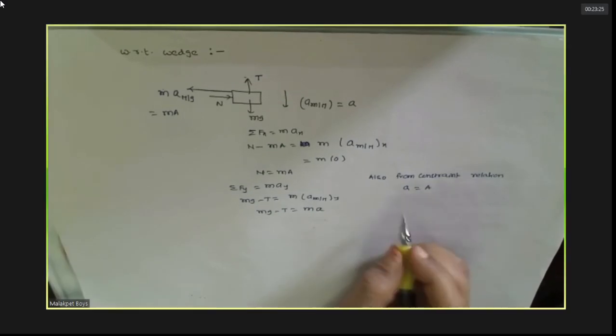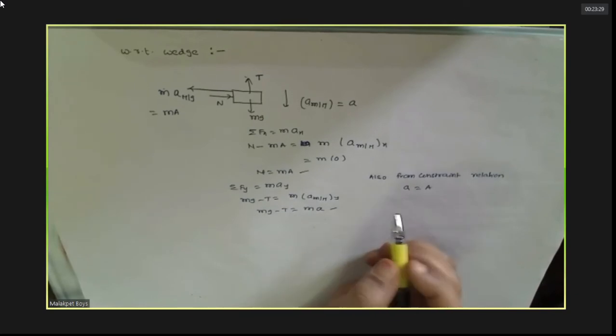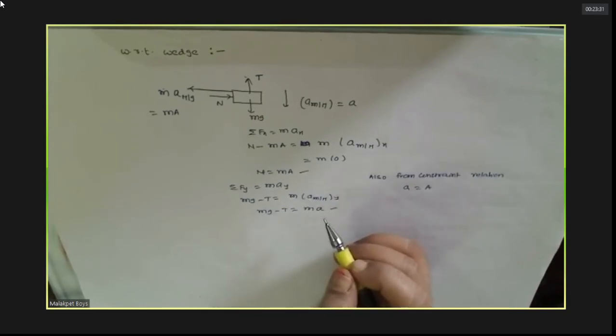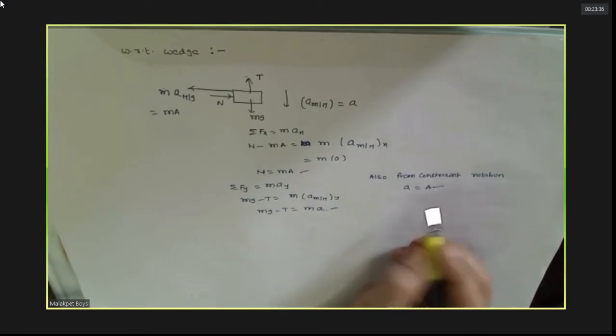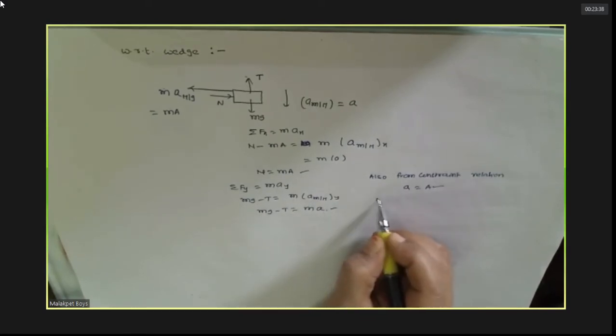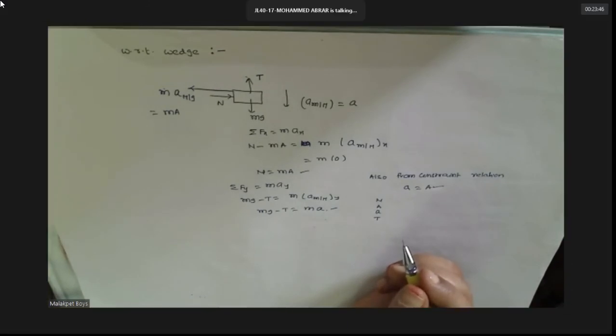So now you can see how many equations there are, and how many unknowns. You have N as one unknown, a as one unknown, A as one unknown, tension as one unknown. Do you agree with this? Yes, sir.